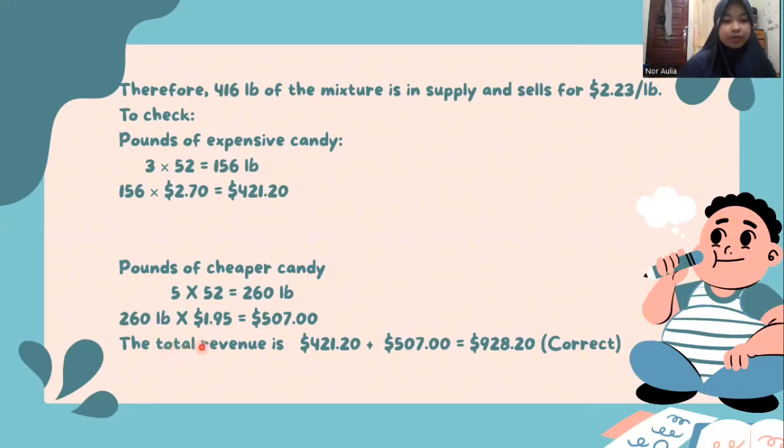So the total revenue is $421.20 plus $507 equals $928.20, which is correct.